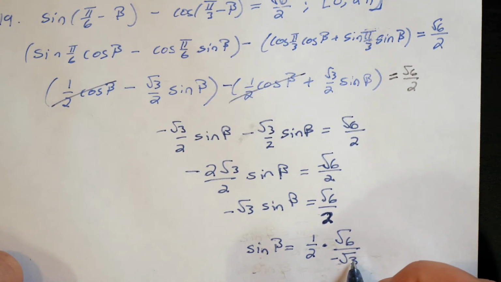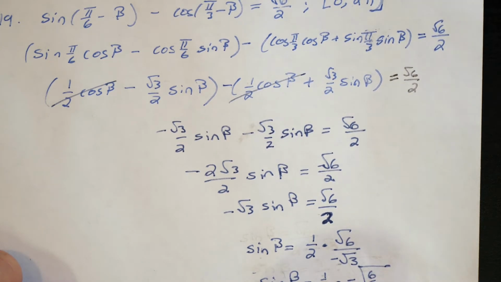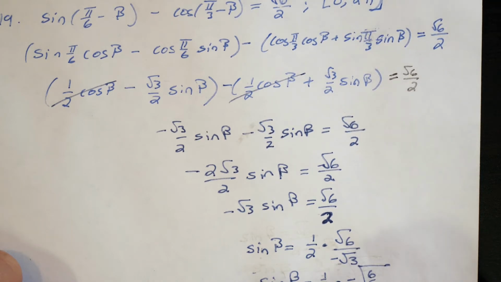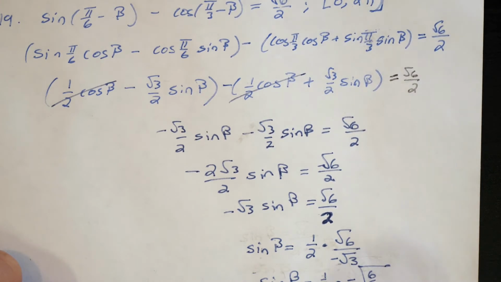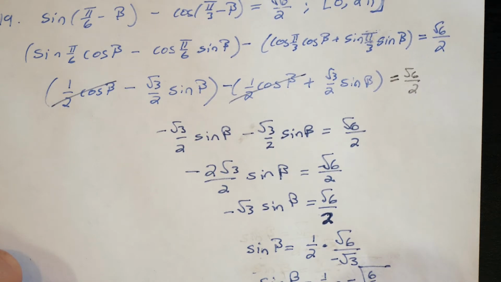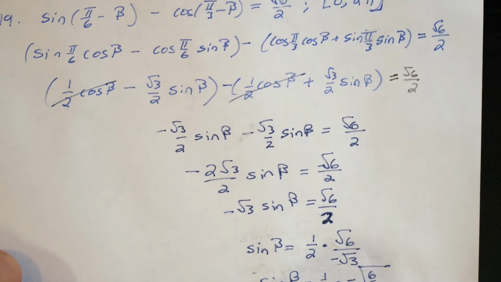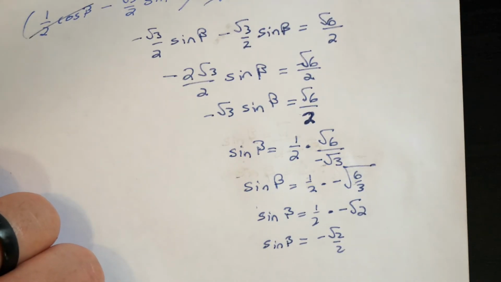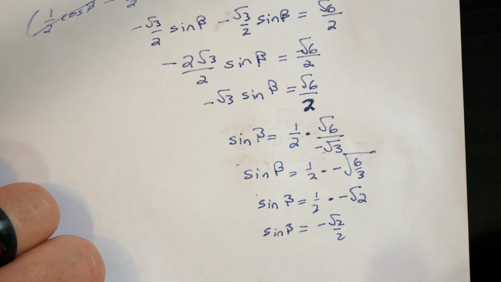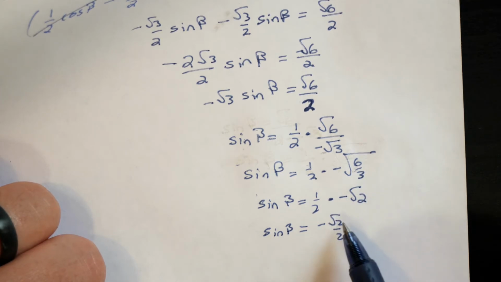If I'm doing a radical on the top and the radical on the bottom, I take the radical of the whole thing. So I get sine of beta equals 1/2 times negative root 6 over 3. 6 divided by 3 is 2, so I get sine of beta equals 1/2 times negative root 2. So that just equals negative root 2 over 2. Just did some algebra right there.